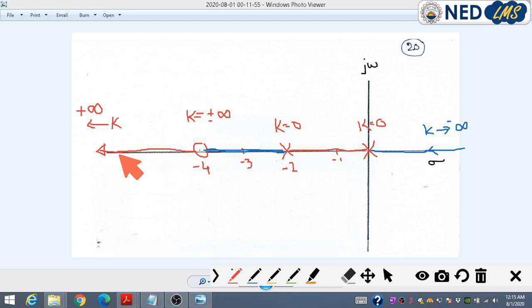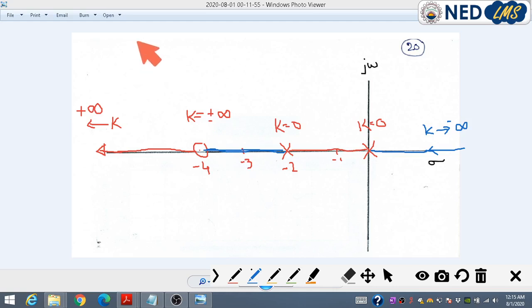Now I am going to sketch the root locus. One branch starts from this minus infinity, and the other branch starts from this minus infinity, and this branch first of all must go toward K equals 0.